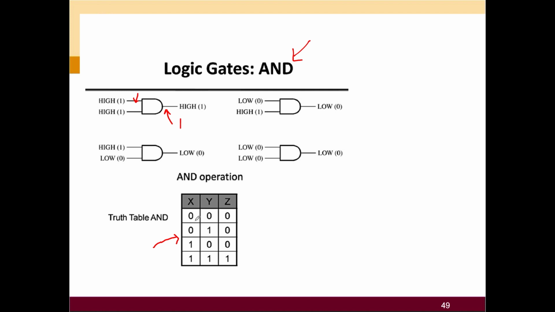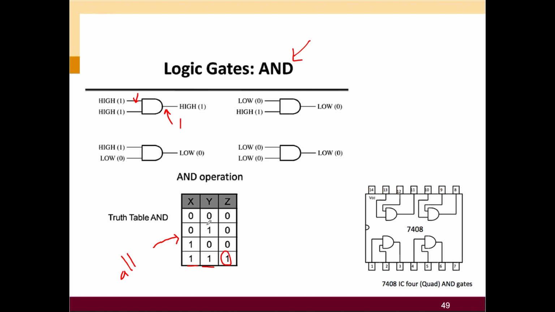If all inputs are high, or 1, or on, you will get high, or on, or 1 as the output. For the rest you will get 0 or low.